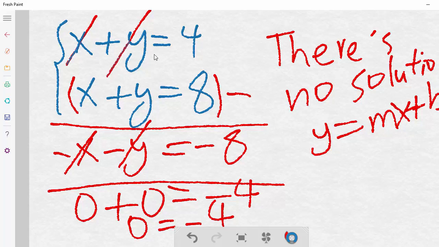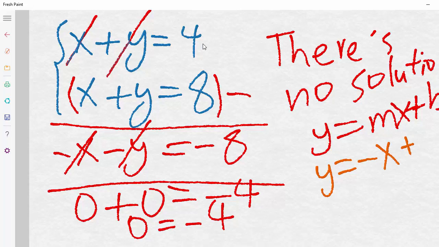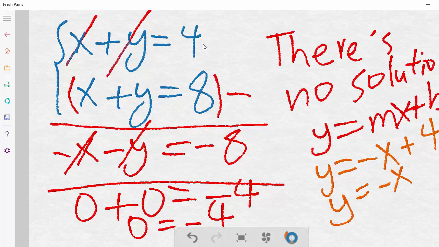So we keep y here, and we move x to the other side, so we change the sign: y equals negative x plus 4. That's the first equation. And the second one will be y equals negative x plus 8.